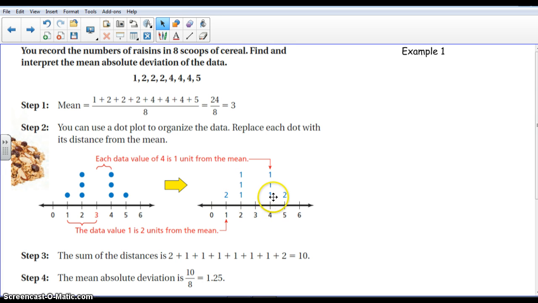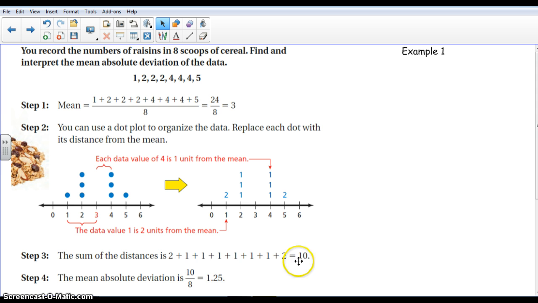Then you go to the other side. You had 3 4s. They are also 1 step in the other direction, 1 place value, away from 3. So you have 1, 1, and 1 for the 3 dots. And again, you have 2 over here. Now you take all these numbers and add them together, which is 10.